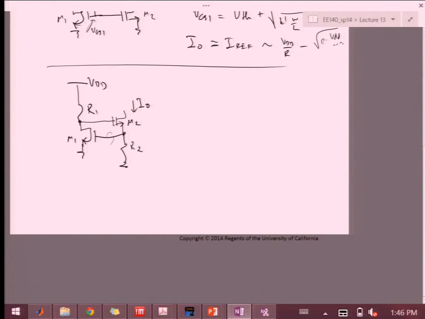No. So all that comes in here goes here, so I out is also here. So I out times R2, what is that voltage? That's VGS1. So my I out is really just determined by VGS1 and R2. This is now my voltage reference.